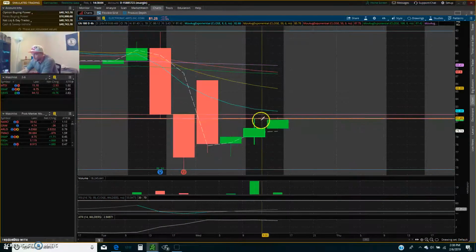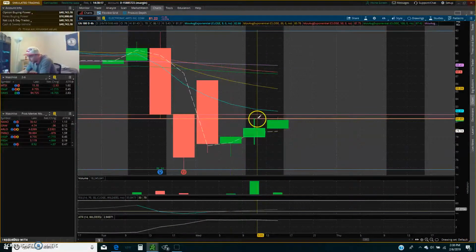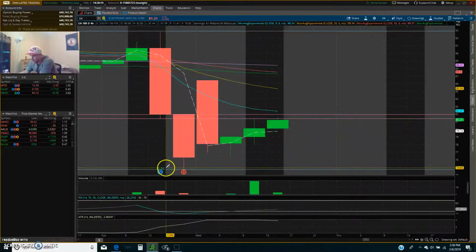I look for these levels because I'm looking for an entry point that gives me a good risk to reward. If I'm looking to short a stock, typically I will wait for it to pull back to one of these levels. The reason I thought this was because this stock had missed on its earnings.